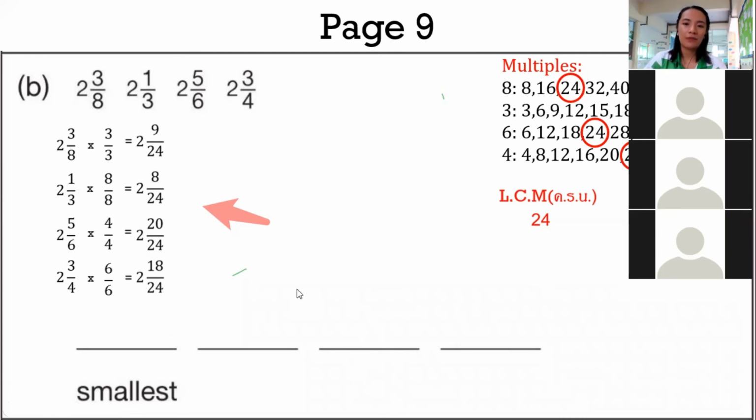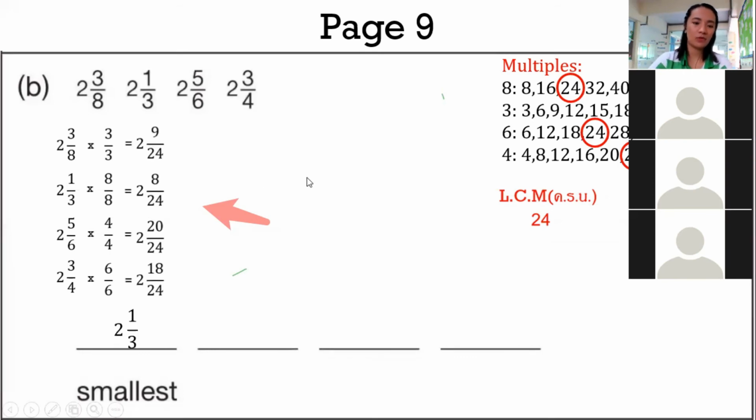So let's arrange the numbers from the smallest. So which is the first fraction? The answer is 2 and 1 over 3.